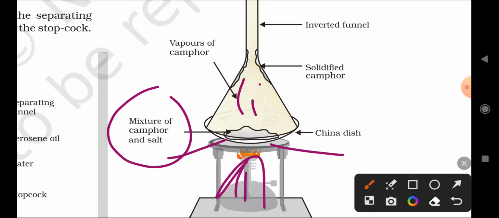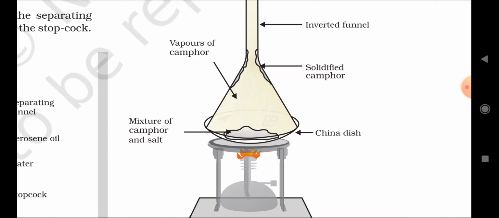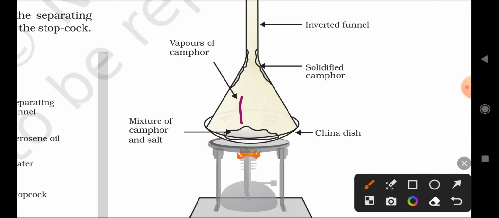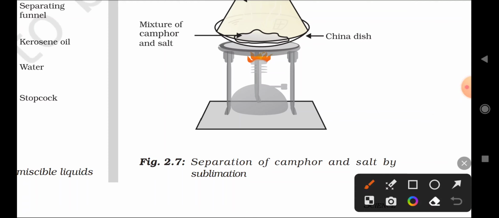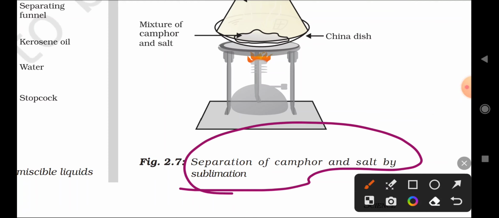The waves we are observing here show that the camphor is getting vaporized, and after that it goes to the upper side, where the camphor becomes solid. So by heating we can separate a mixture of camphor and salt by the method of sublimation.